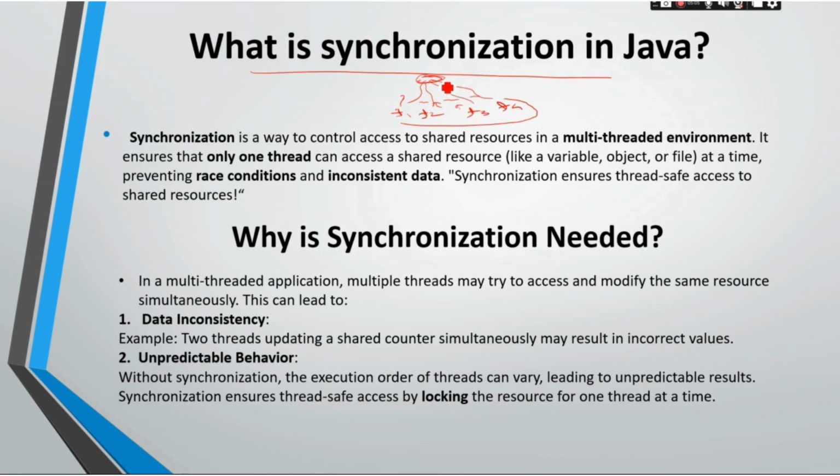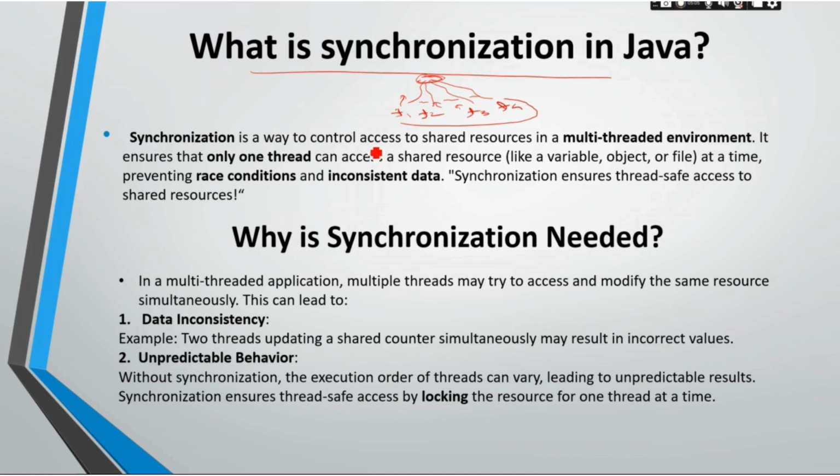In that case, updating must happen first, then reading, and then withdrawal, correct? Otherwise we will see a data inconsistency problem. We'll see that in a real-time coding example as well, so don't worry. Try to watch our entire video.